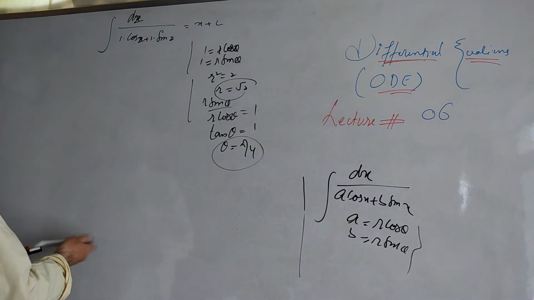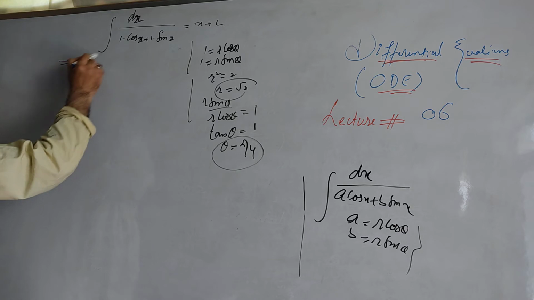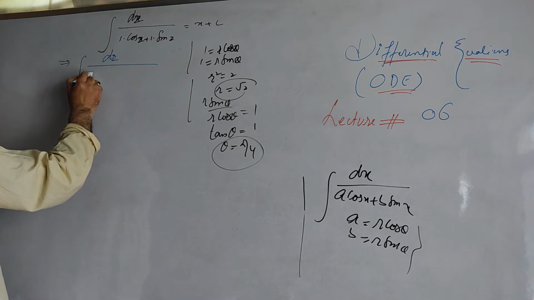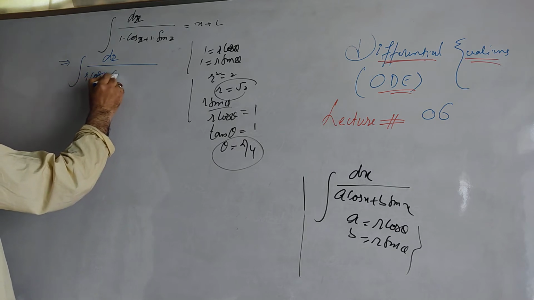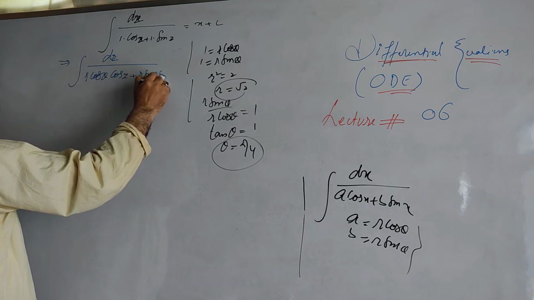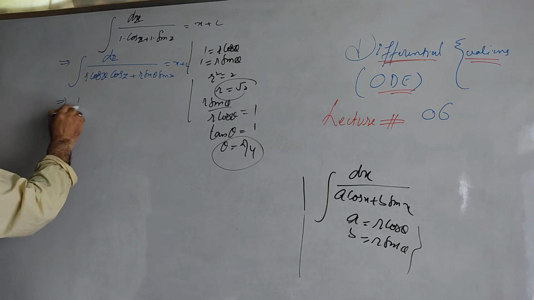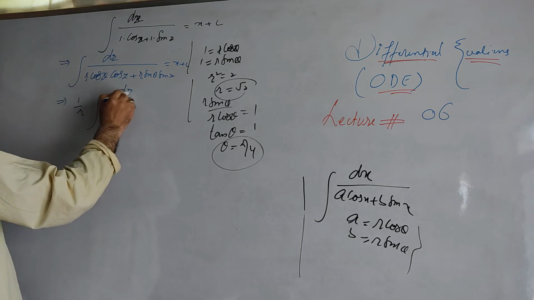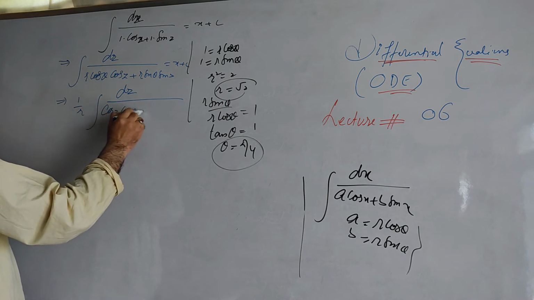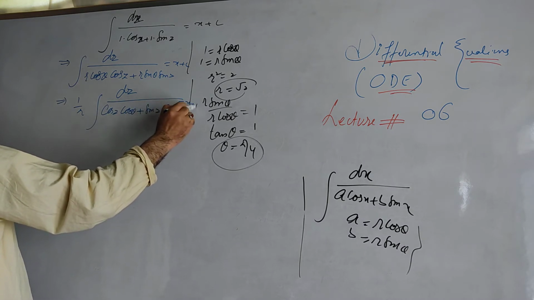Now I can write this integral this way. It is the integral of dz over r cos theta cos z plus r sin theta sin z, equals x plus c. This is 1 by r times the integral of dz over cos z cos theta plus sin z sin theta, equals x plus c.